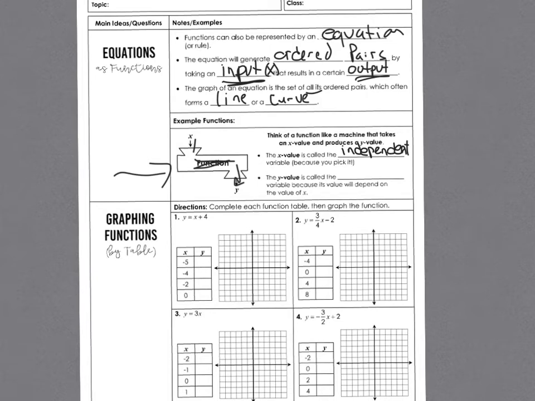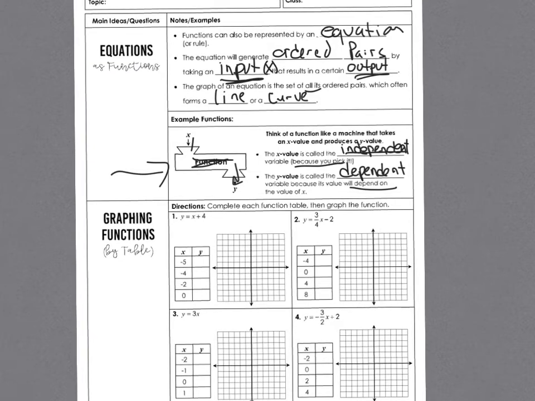And then the y value is called the dependent, because this variable depends on the x. So because the x variable is independent, we can pick any number and plug it into the equation and get the y for that equation, okay?